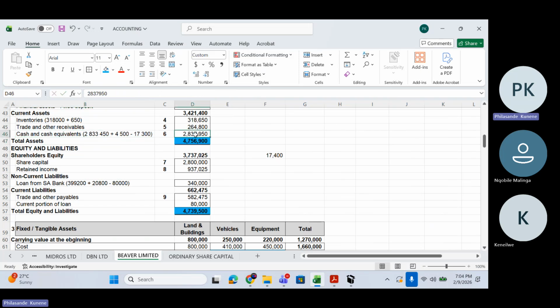So which means our cash and cash equivalents will change now here. How much are you going to get for cash and cash equivalents now? How much will be our cash and cash equivalents?